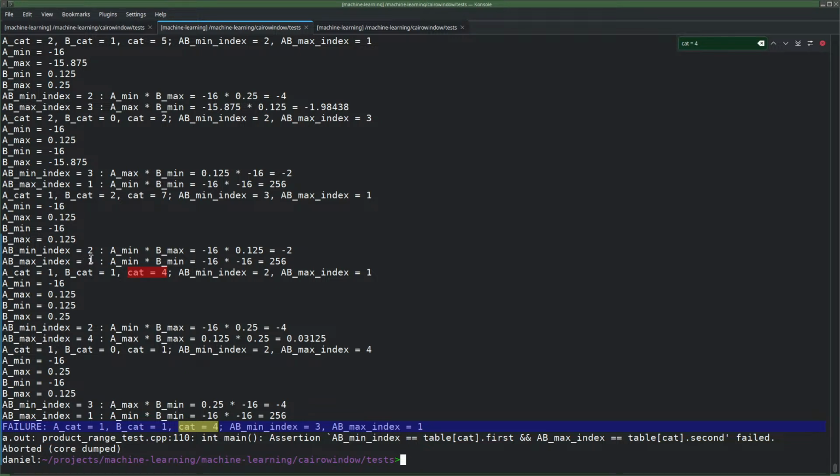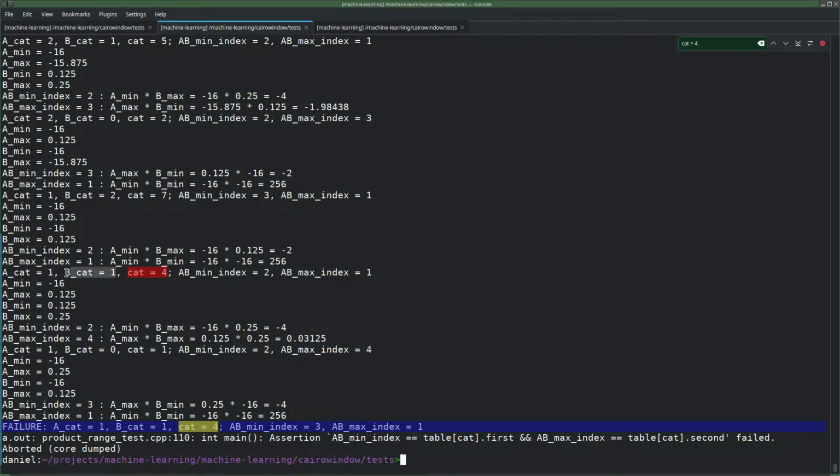And indeed, index 1 is A min times B min, and 2 is A min times B max. So then these are the two indexes, and we store those here under category 4, which is 3 times 1 plus 1, I mean.